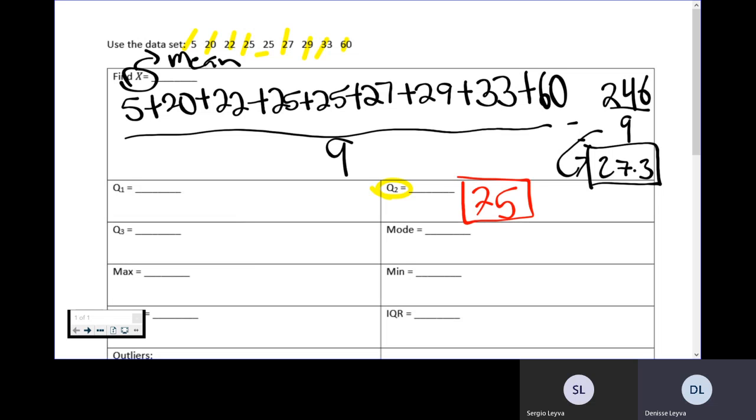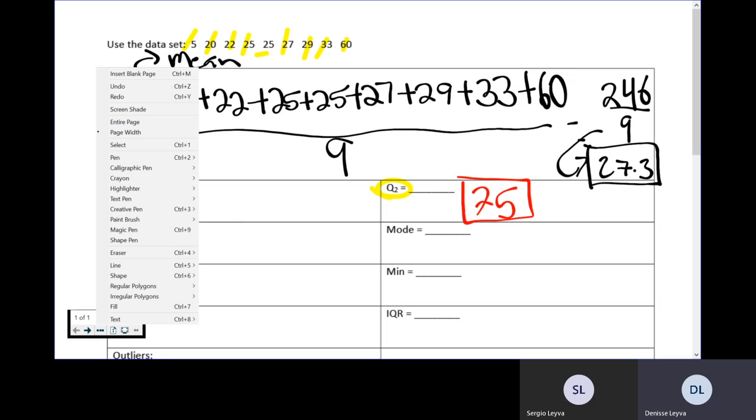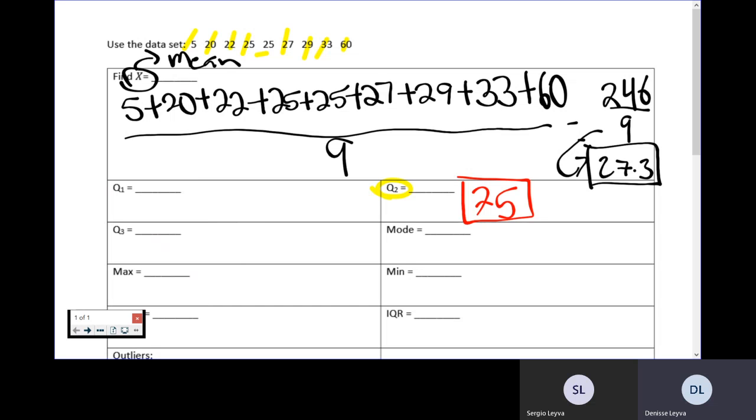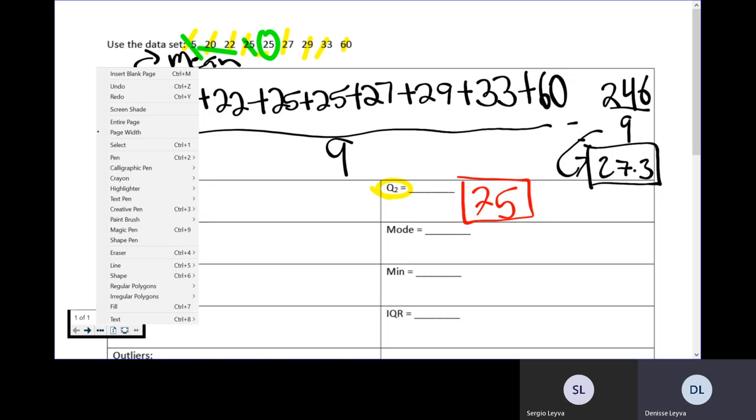If I'm trying to look for my Q1, the way you find it is by looking at the left side of Q2. What does that mean? Here is my Q2. I ignore that, and then I start eliminating on the left side. Notice how I have 2 numbers in the middle. If I have 2 numbers in the middle, I just add them and divide by 2.